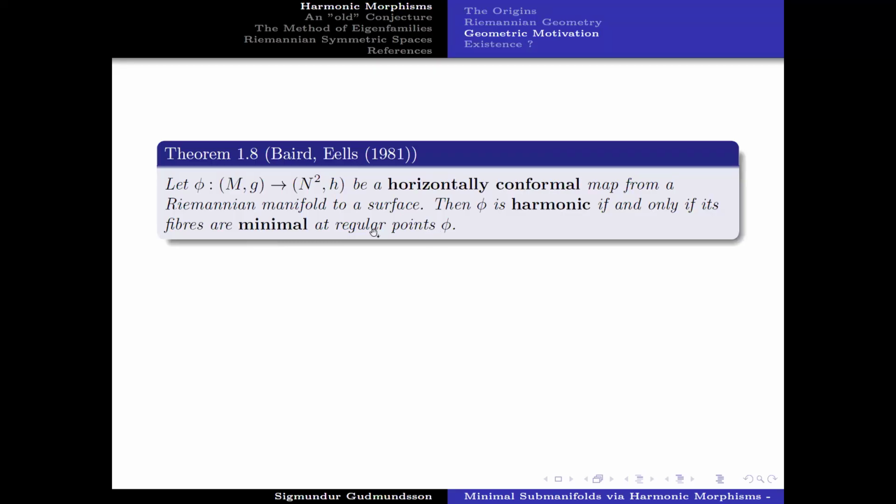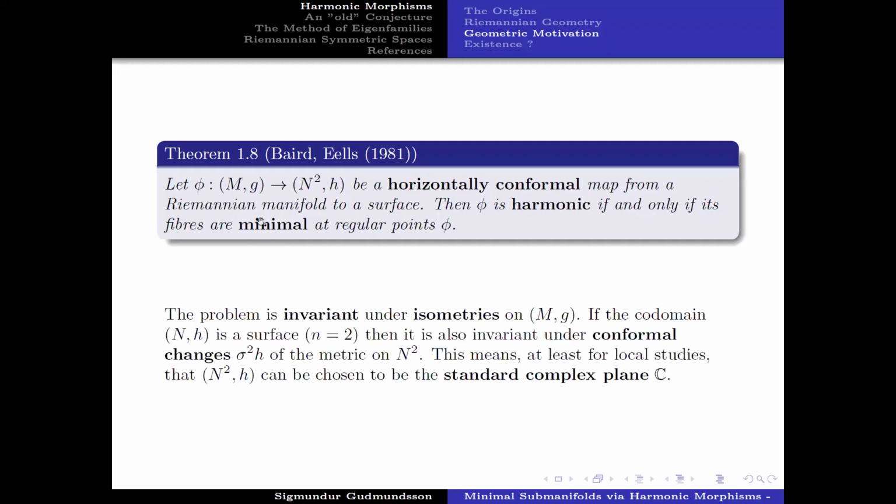If you can find such solutions to this nonlinear problem, then you have found many minimal submanifolds of this thing here of codimension 2, because if you're assuming that it is horizontally conformal, that means that the pre-image of any regular value is a two-dimensional submanifold, but it has to be minimal.